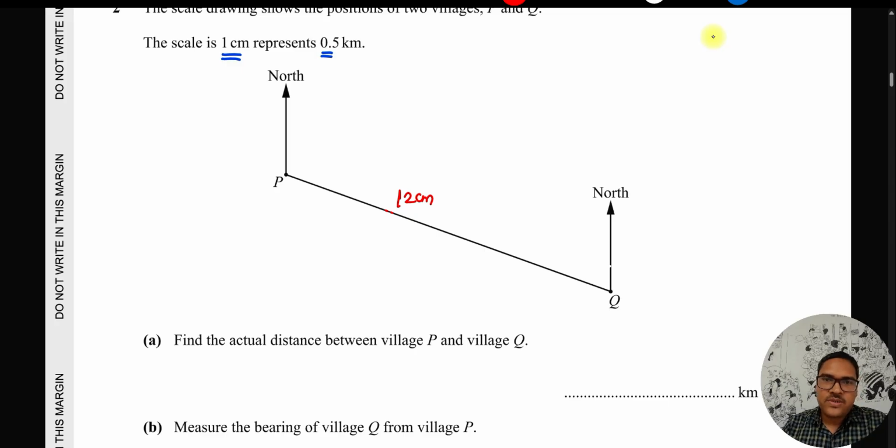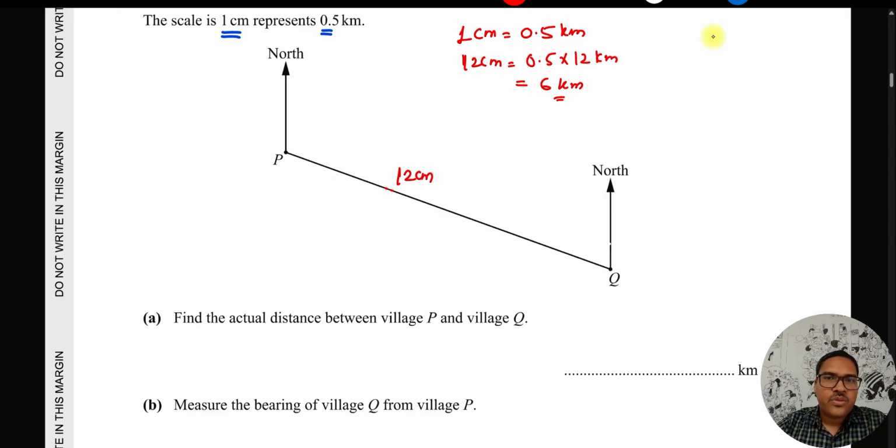If this is 12 centimeters, this is a scale diagram, so what is the actual distance? 1 centimeter is equal to 0.5 kilometer, so 12 centimeters will be 0.5 times 12 kilometers, which is 6 kilometers, according to my answer.